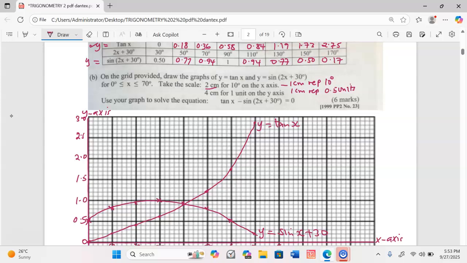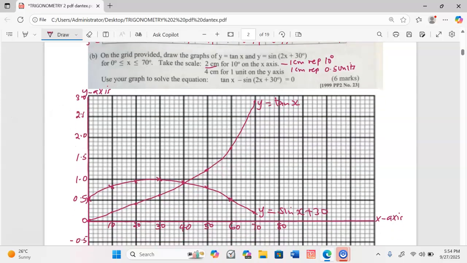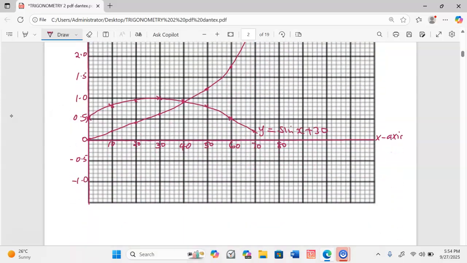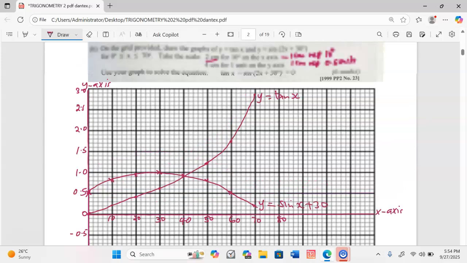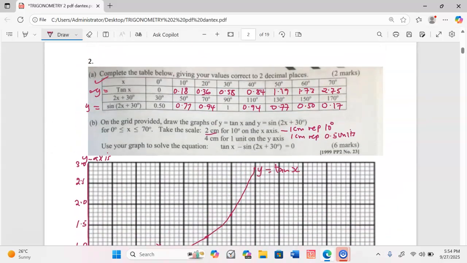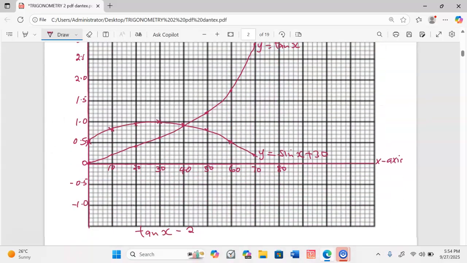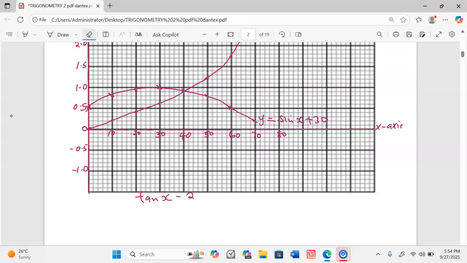Use your graph to solve the equation tan x minus sine of 2x plus 30 is equal to 0.